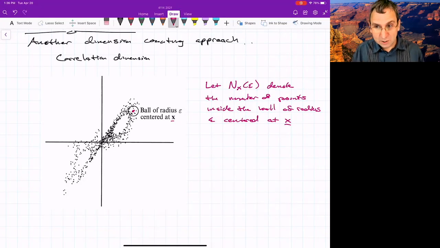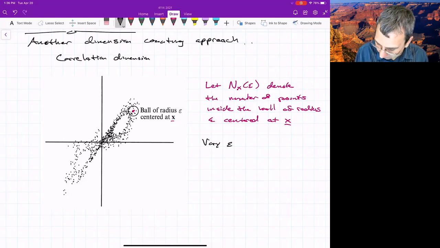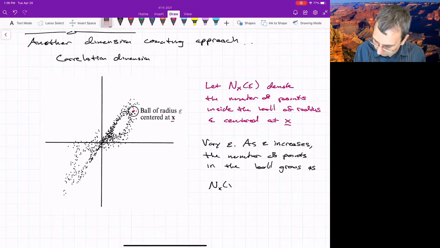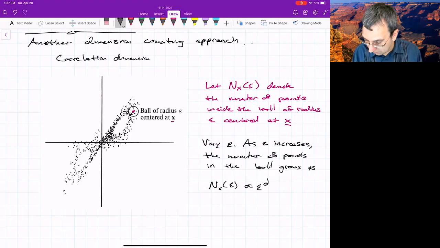As epsilon increases, the number of points in the ball typically grows. The number of points in an epsilon ball centered at x will grow proportional to epsilon raised to the d. At a particular point, this is called the pointwise dimension at x, and it could depend significantly on x.